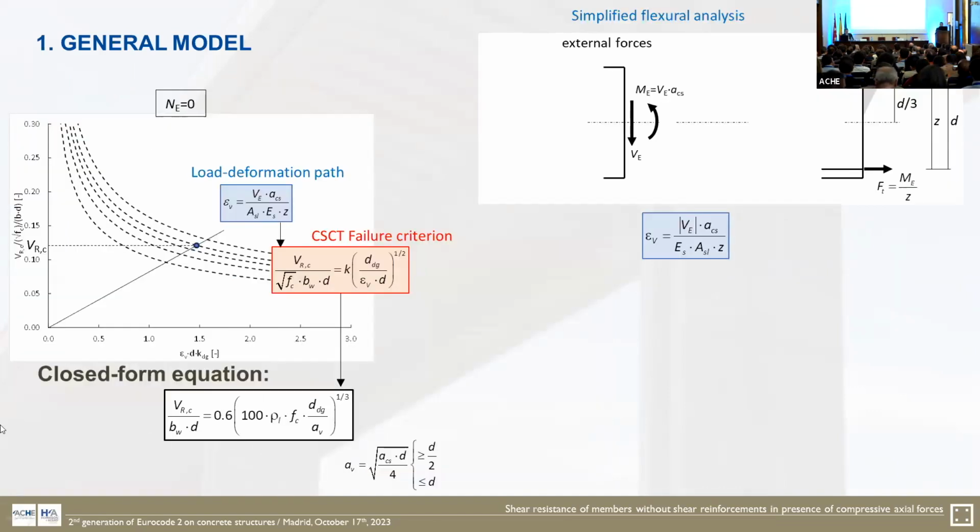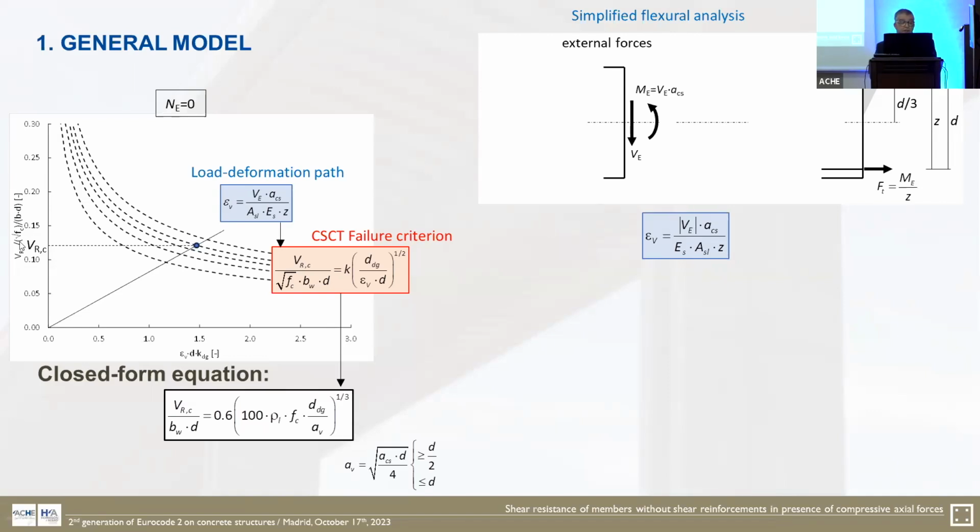The reinforcement strain can be calculated by a simplified flexural analysis of the crack cross-section. When there is no axial force acting on the control section, the reinforcement strain is proportional to the applied shear force.